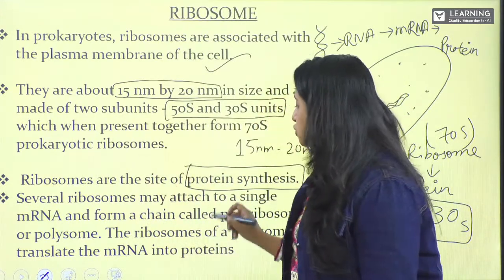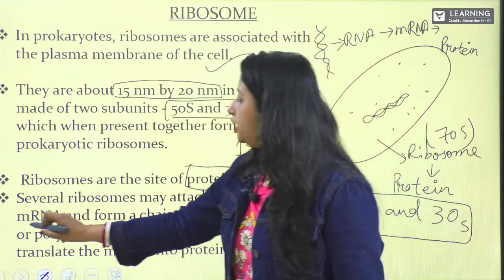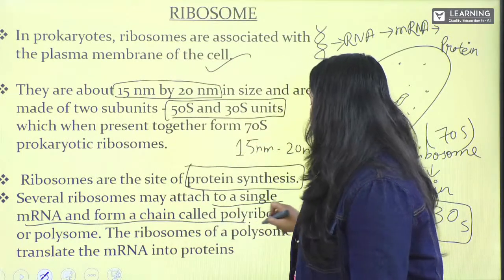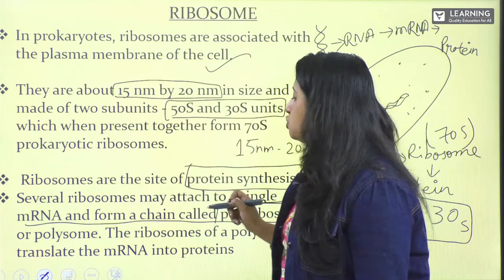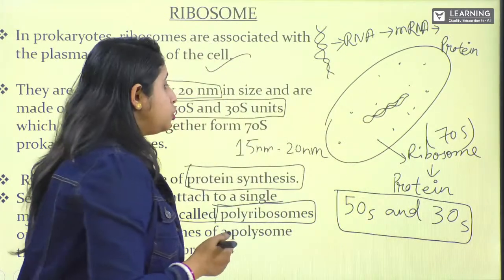Several ribosomes attach to a single mRNA and form a chain called polyribosomes. So what is this polyribosome?